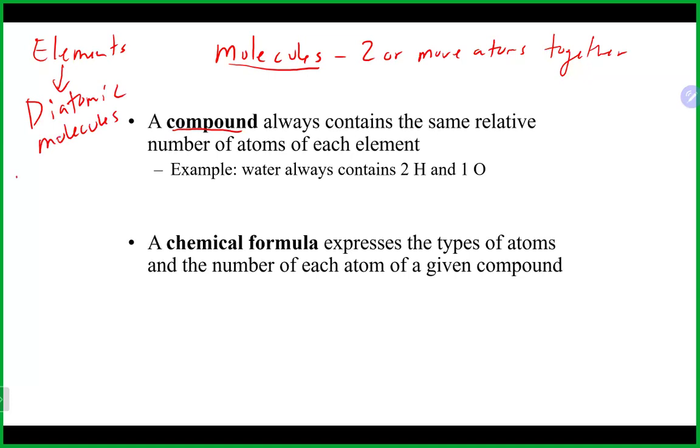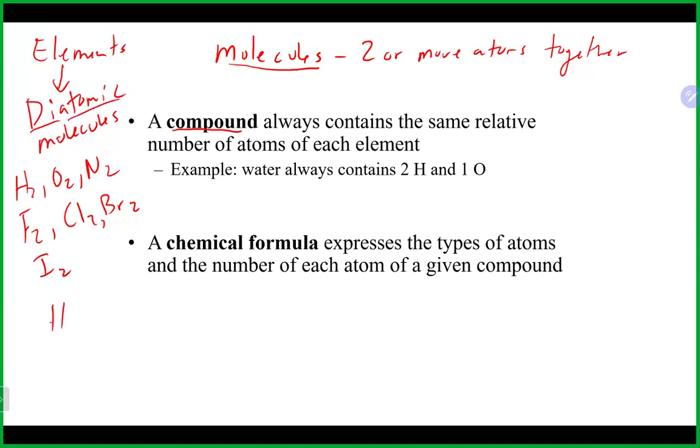Now, there are certain elements that come as diatomic molecules. Those are hydrogen, oxygen, nitrogen, fluorine, chlorine, bromine, and iodine. The way these elements come by themselves when they are uncombined is as twos, which is what di means, and atomic means atoms.